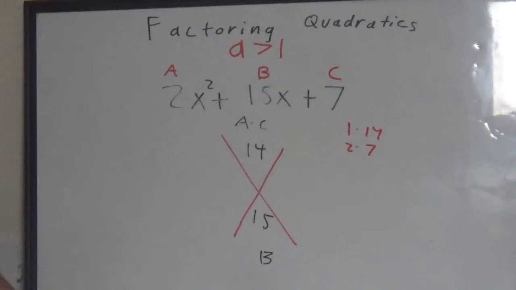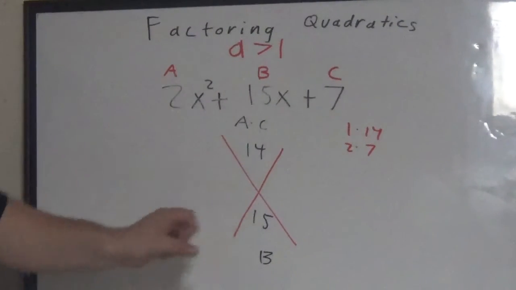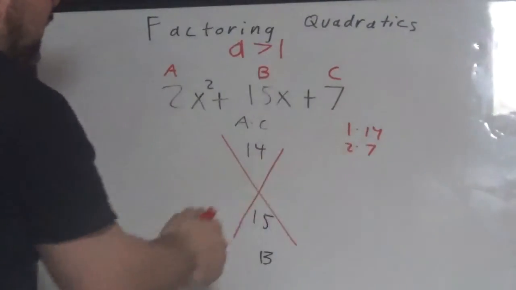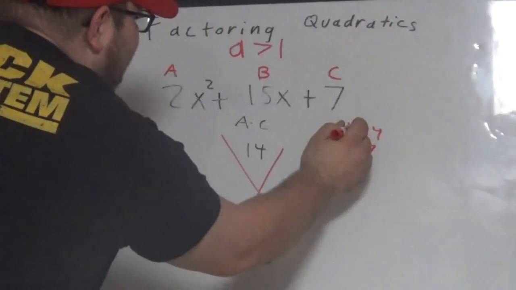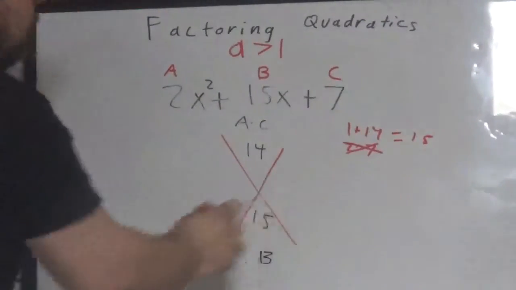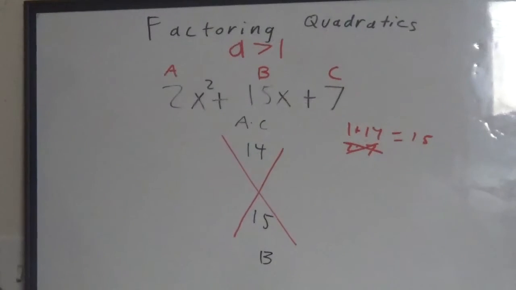Now that we have the factors, we're going to add them together and see which one gives us 15. Well, 1 plus 14 equals 15, which is the numbers we're looking for.